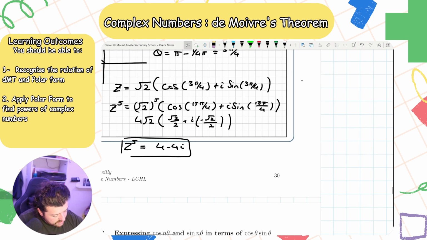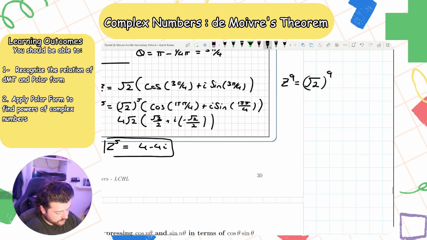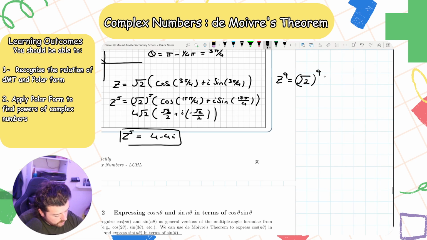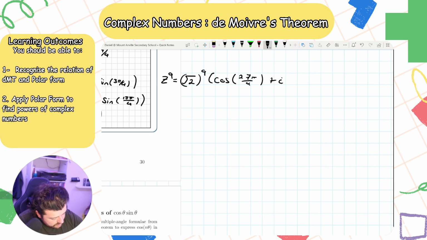What about now z to the 9? That's going to be root 2 to the power of 9 times cosine of 9 times 3 pi over 4, which is going to be equal to 27 pi over 4, plus i sine 27 pi over 4.